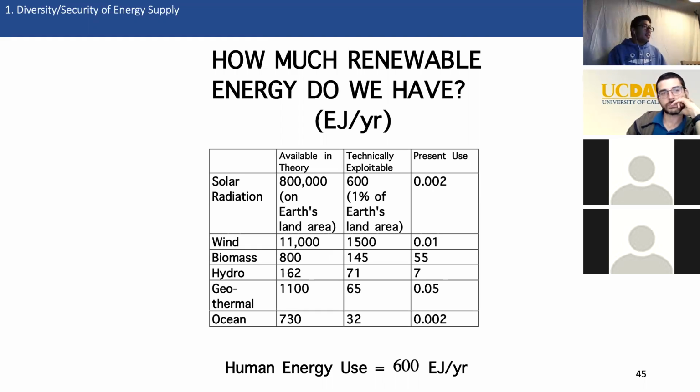Okay, so what's available, what's exploitable? In terms of solar, if you use 1% of Earth's land area, which is what a lot of experts talk about with solar radiation, that's basically all you would need to meet the total energy demand today. For wind, there's actually quite a bit more of that resource, and wind is currently about 3 times more prevalent in terms of energy production than solar.